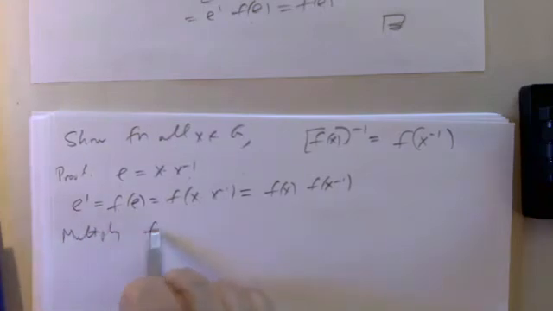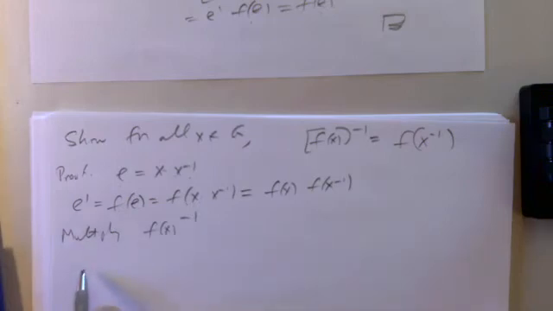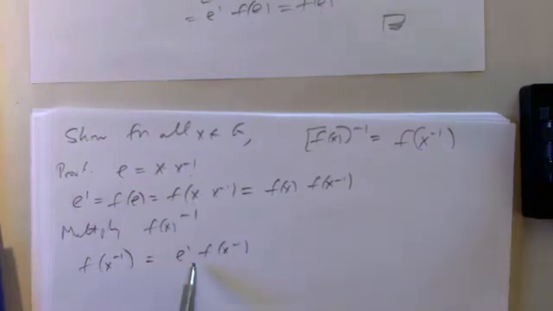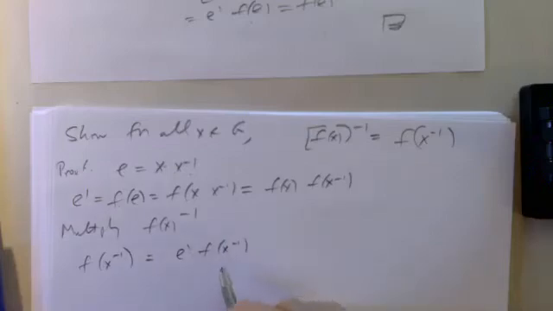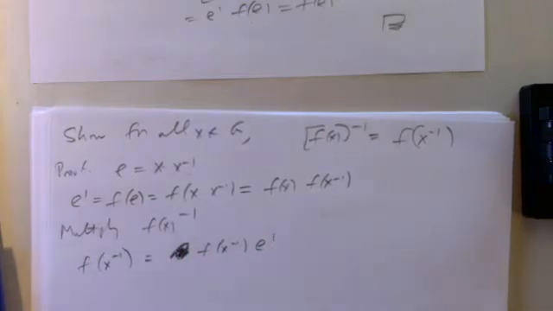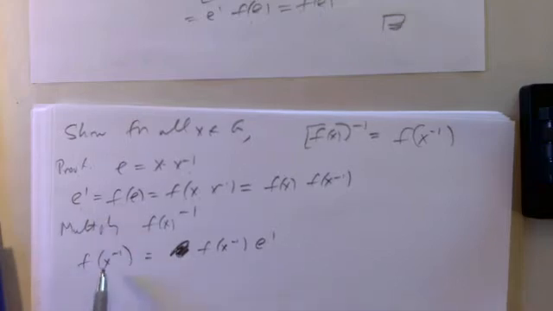So if I multiply this equation by f of x inverse, I get f of x inverse times E prime, because multiplying something by the identity doesn't change it. But the identity, let me write it on this side: f of x inverse is f of x inverse times the identity.